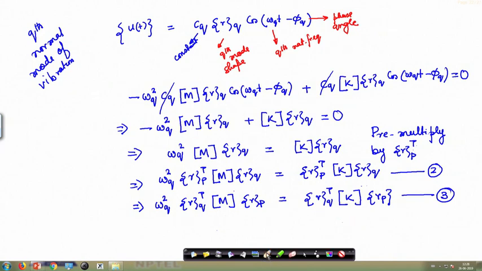In place of M transpose, I can write this as M. In place of K transpose, I can write this as K. So, this is equation 3.